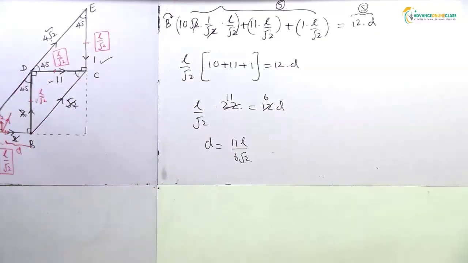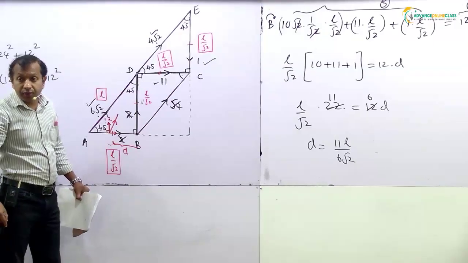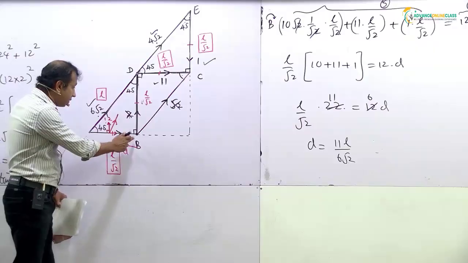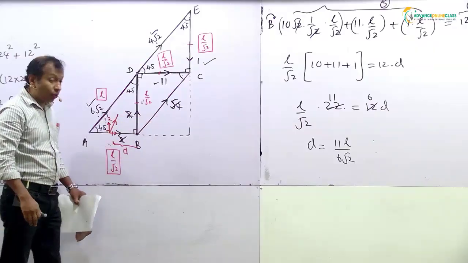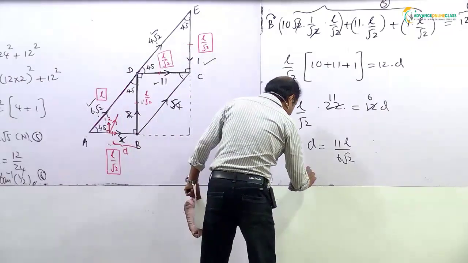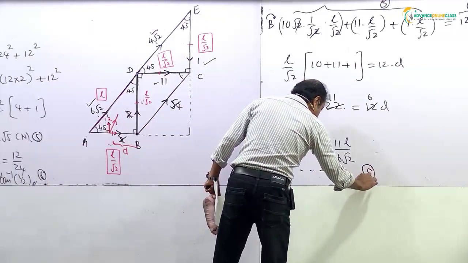Okay. For that one, last 5 marks given. Then you must write how? The line of action of resultant cuts the side AB at a distance 11L over 6 root 2 from B. Okay. Write down that in words. For that only 5 marks finally given.